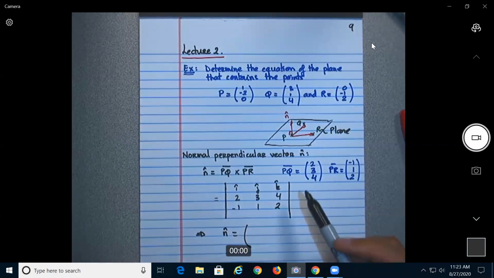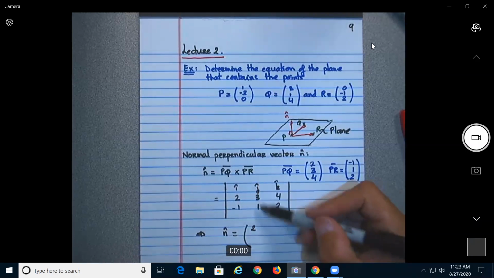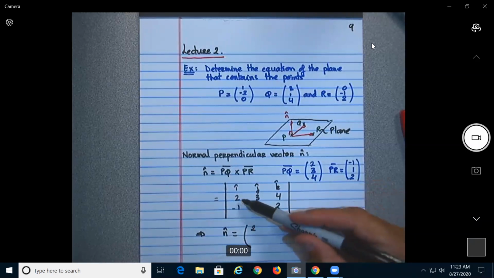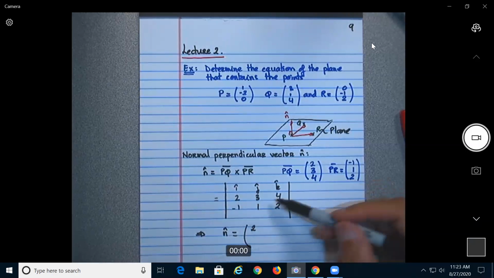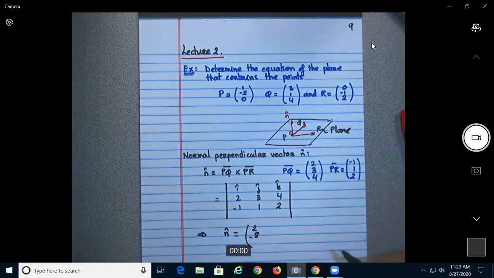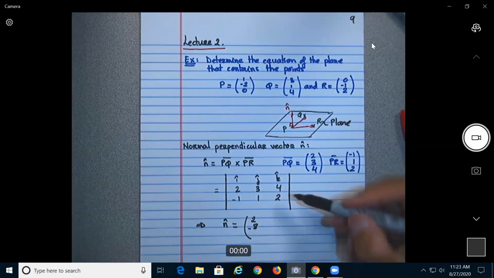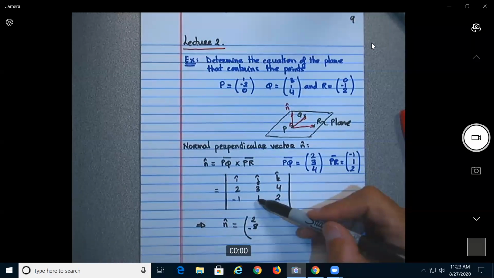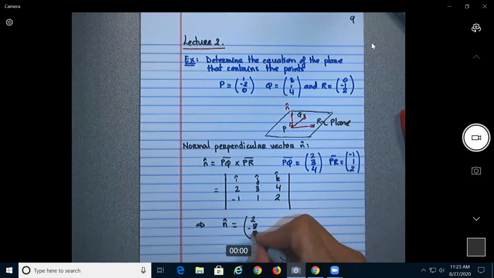So we do the cross product. Well, for the first one, you will get 3 times 2, 6, minus 4, 2. Now the next one will be initially negative, no? But you have 2 times 2 minus -4 will be 8, but because of the negative sign, it should be -8. And the last one will be 2 times 1 minus 3 times -1, which is 5.